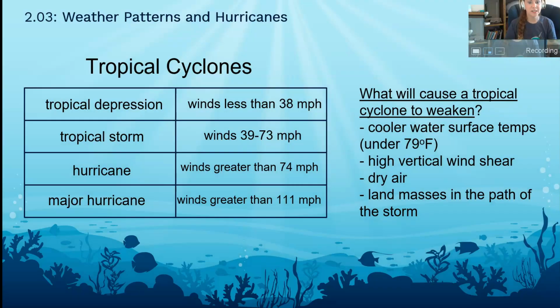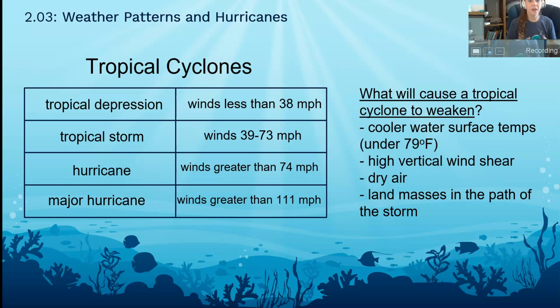So on this page, you can see what a cyclone would be classified as, either a tropical depression, a tropical storm, a hurricane, or a major hurricane, depending on, of course, its wind speed, okay? In order to get one of these cyclones to weaken, one of the four factors that we just talked about needs to weaken.